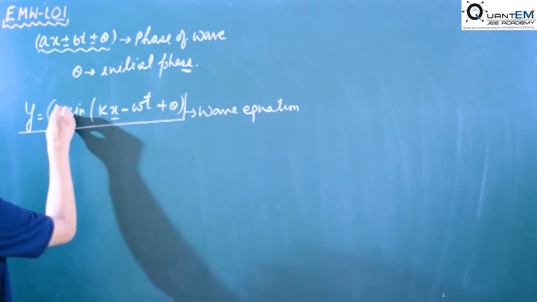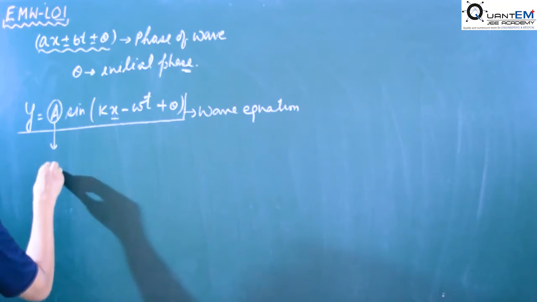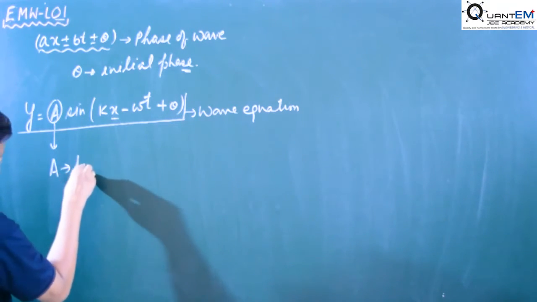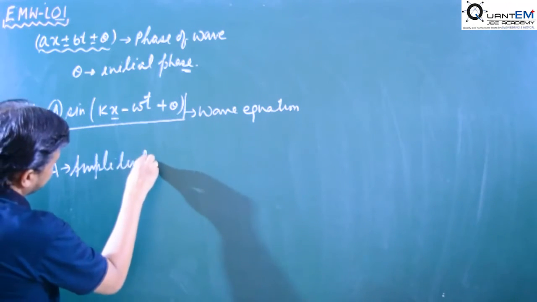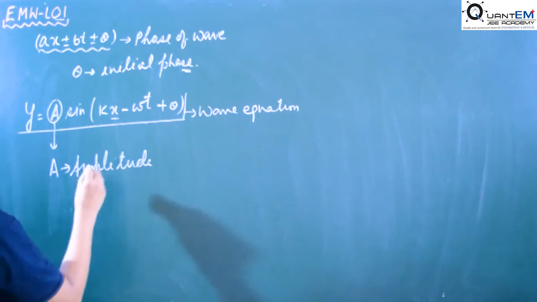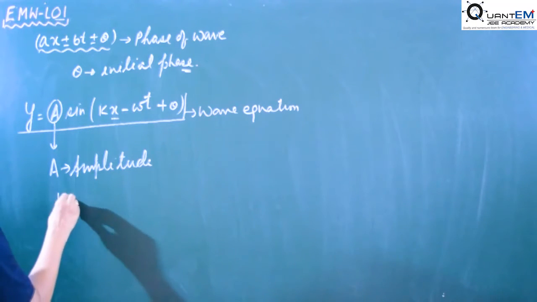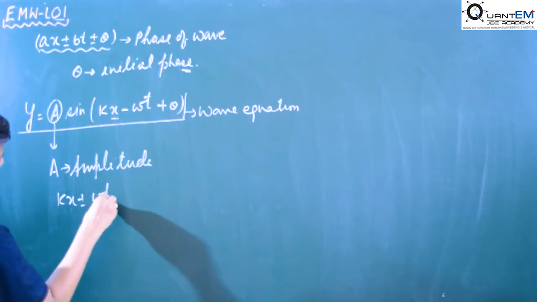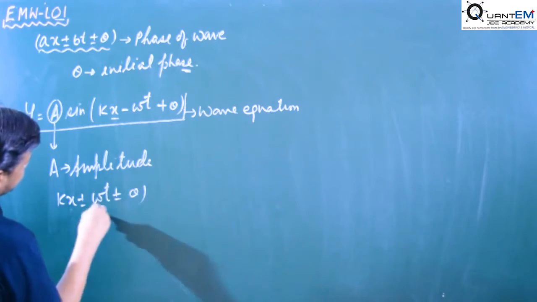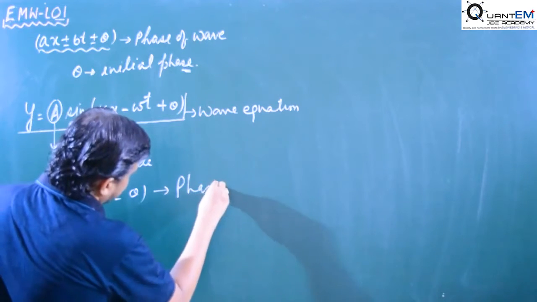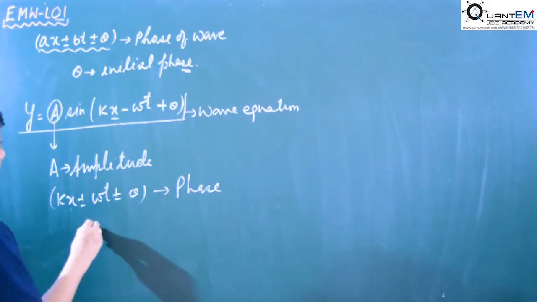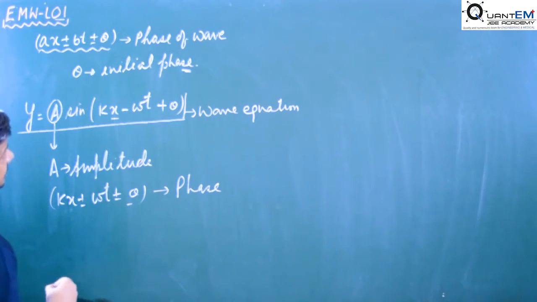A is the maximum displacement from the mean position. Here A is called the amplitude of the wave. साइन या कोसाइन के बाद जो भी वैल्यू है, like kx plus minus omega t plus minus theta, is called the phase. And theta is the initial phase.